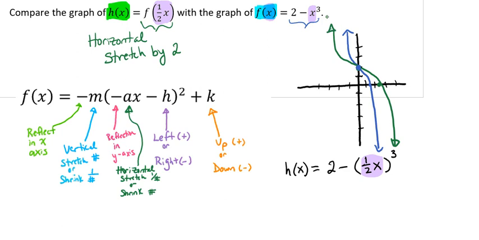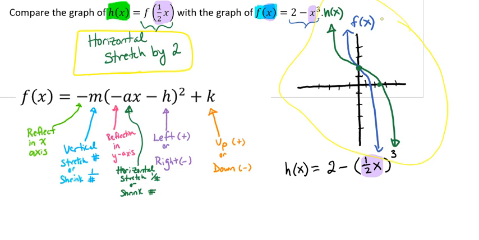So here we have our h of x, and here we have our f of x. We can see that this has been a horizontal stretch by a factor of 2, and this is what our graph resembles. In order to do that, we had to plug our 1/2 x into the x's spot.